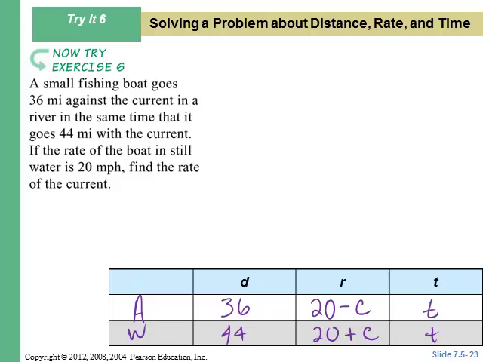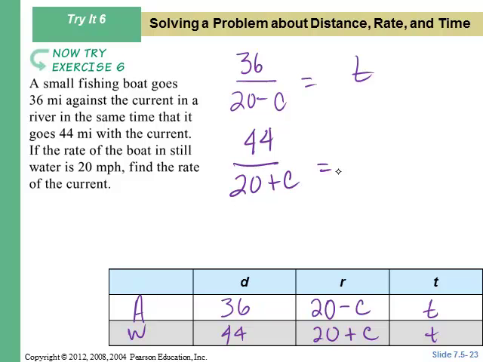So distance divided by rate, 36 over 20 minus c is time. 44 over 20 plus c is time. So 36 over 20 minus c equals 44 over 20 plus c.